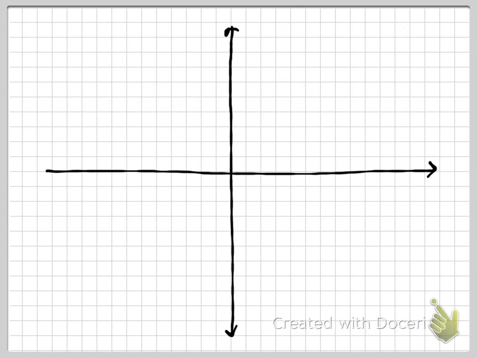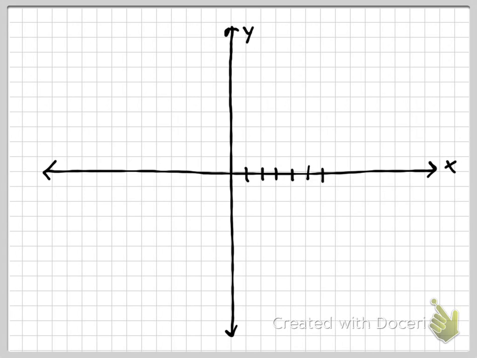So on your graph paper, I would say just keep to the upper half, and I would be drawing in my x-axis and my y-axis. We're going to go to 6 on each of the axes. Now, if you want to count over by every 2 boxes to count as one, you may do that.